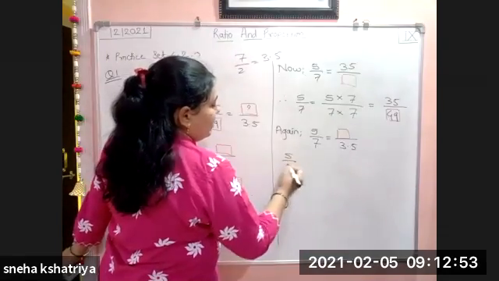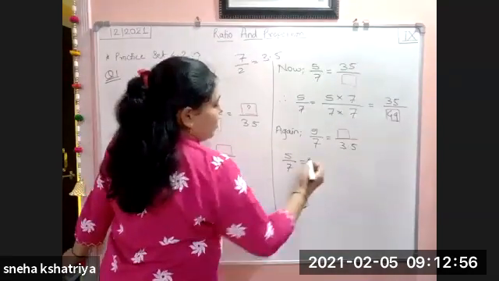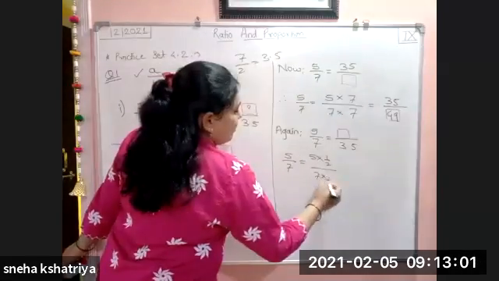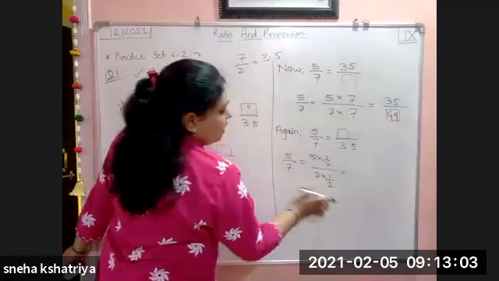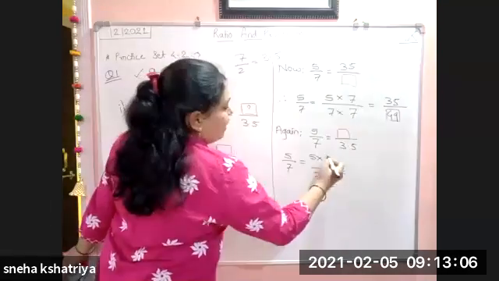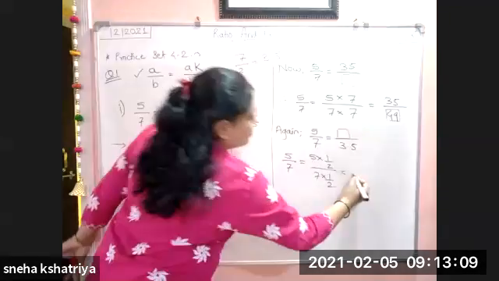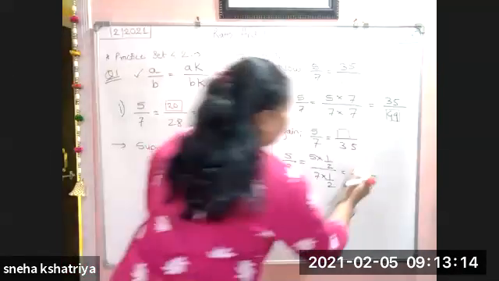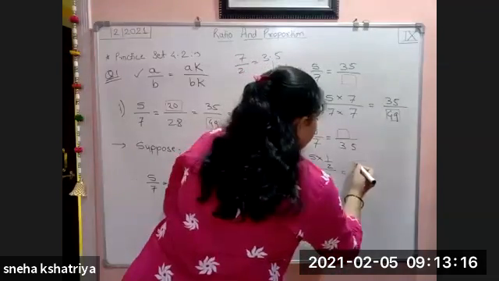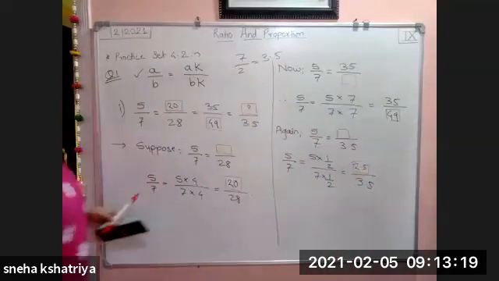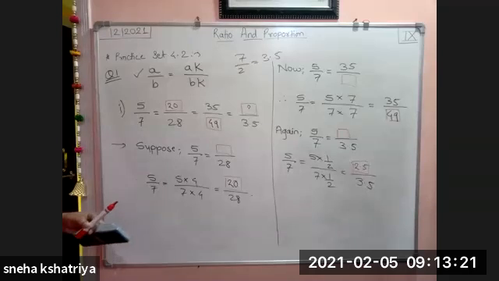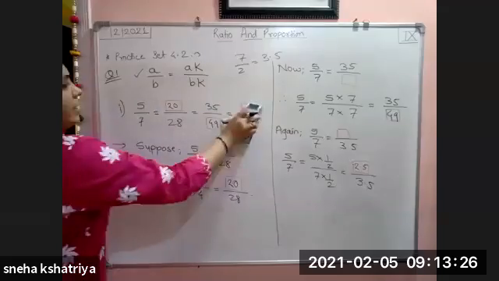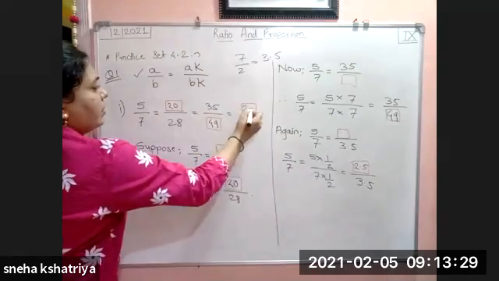So we will write like this: 5 upon 7 is equal to 5 multiplied by 1 by 2 upon 7 multiplied by 1 by 2, because we are dividing by 2, so we are multiplying by 1 half. So at the denominator it is 3.5, and 5 divided by 2 is how much? It is 2.5. Very easy it is. So in this box, it will become 2.5.